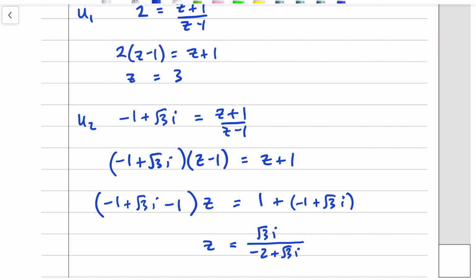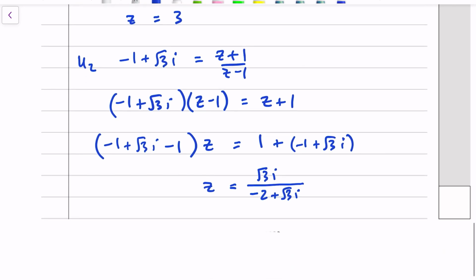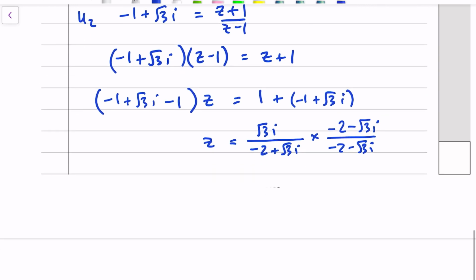This stuff is all tedious achieved level stuff, so you could use your graphics calculator at this point, but as I'm recording this video, I don't have the calculator next to me. So let's just do it manually. Why quit when we've gone so far? Multiply by minus 2 minus root 3i over minus 2 minus root 3i. Denominator becomes 4 plus 3 is 7.